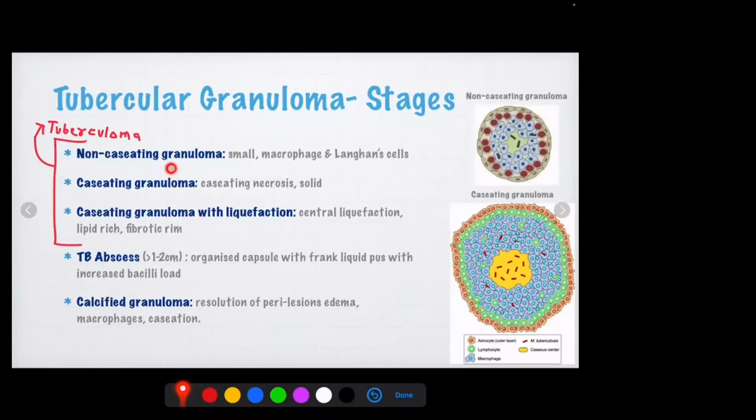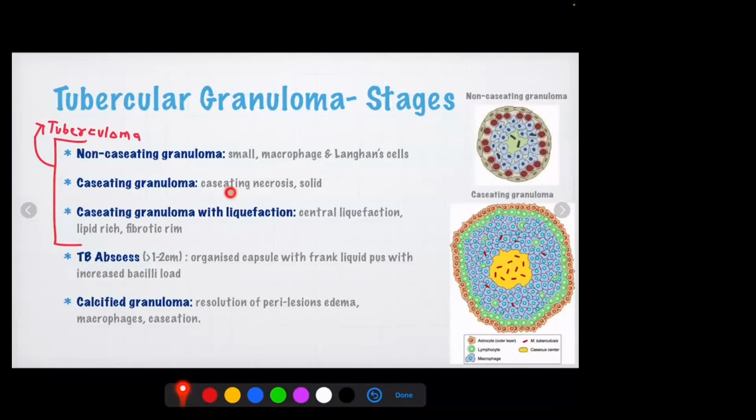So first is the stage of a small non-caseating granuloma. That's how it starts. There is vascularity throughout the granuloma at this stage because there is no central necrosis. It evolves then into a caseating granuloma. This is a different type of necrosis. In bacteria, we have liquefied necrosis, and in TB, we have caseating necrosis.